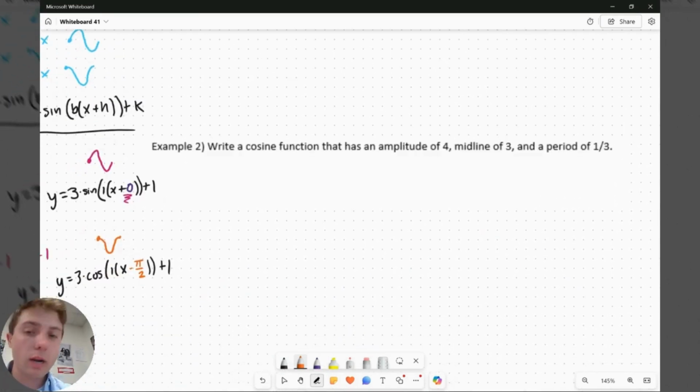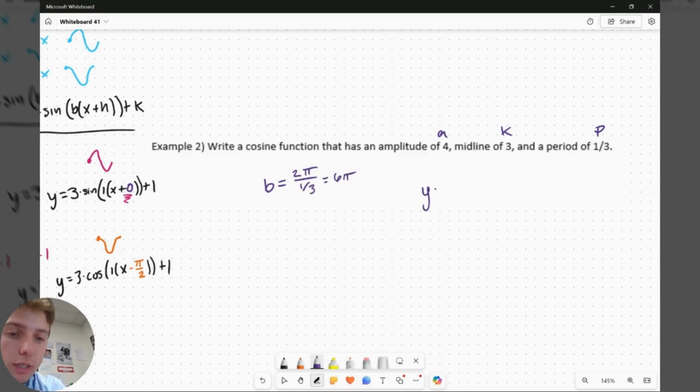This next one says write a cosine function that has an amplitude of 4, midline of 3, and a period of 1/3. So I know A, I know the K value, I know the P value, but I do not know what B represents. B can always be found by 2 pi over the period though, which would end up giving us 6 pi.